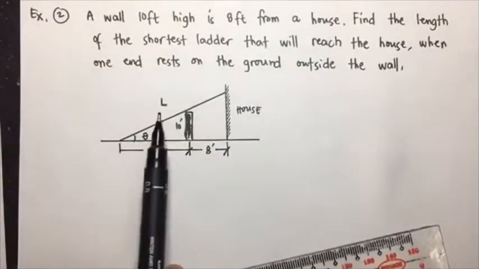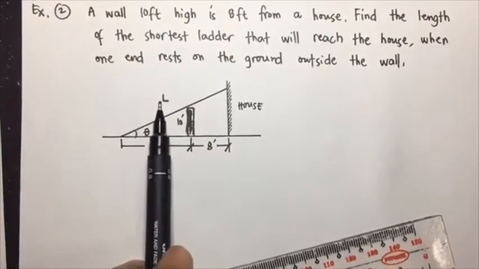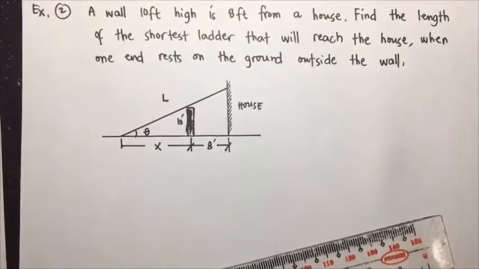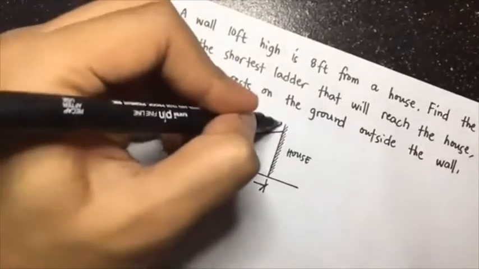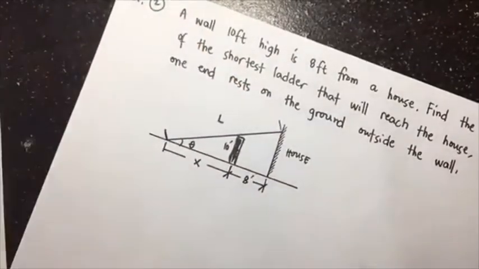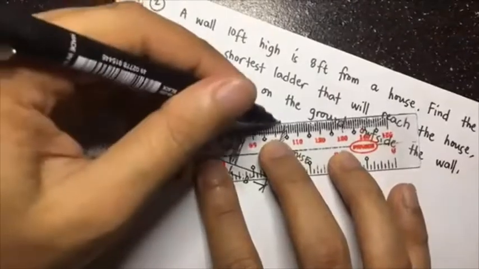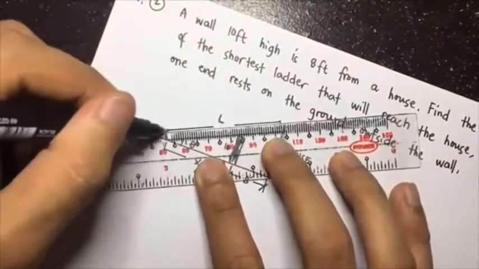Okay, so we want to optimize L, the length of the ladder, using the trigonometric function.